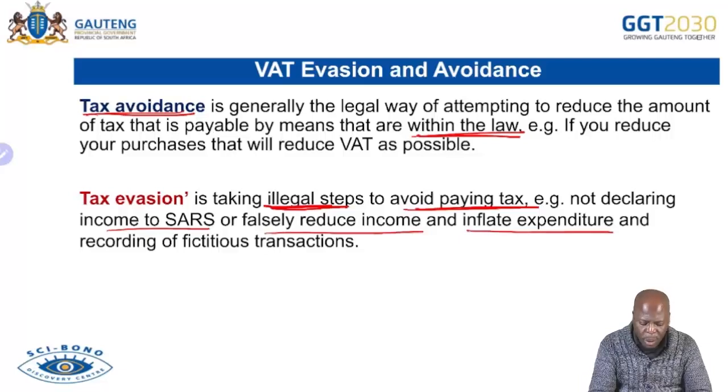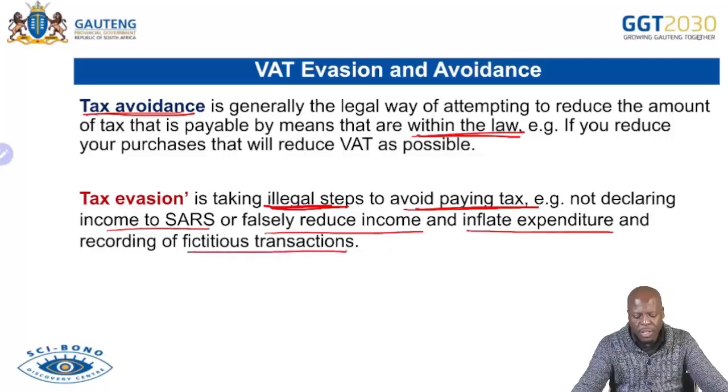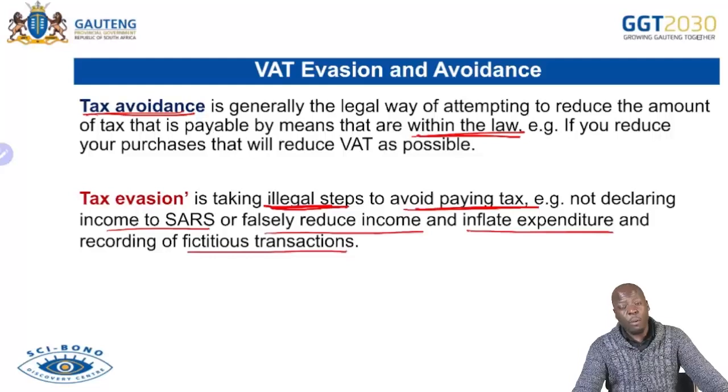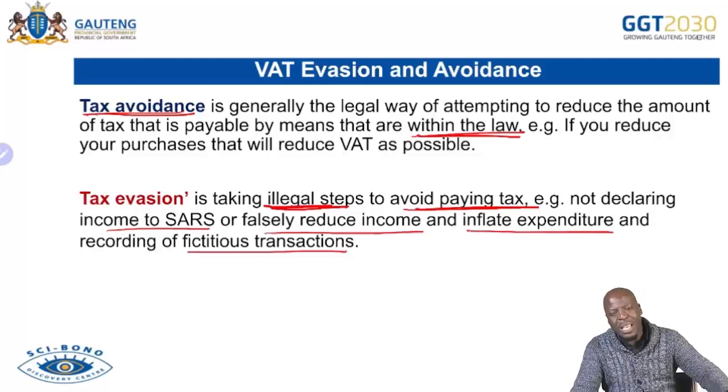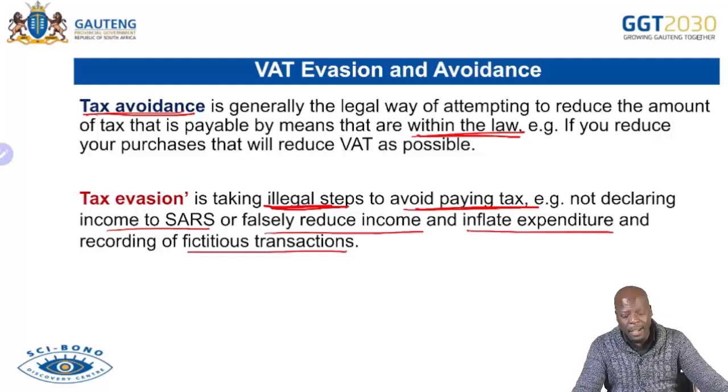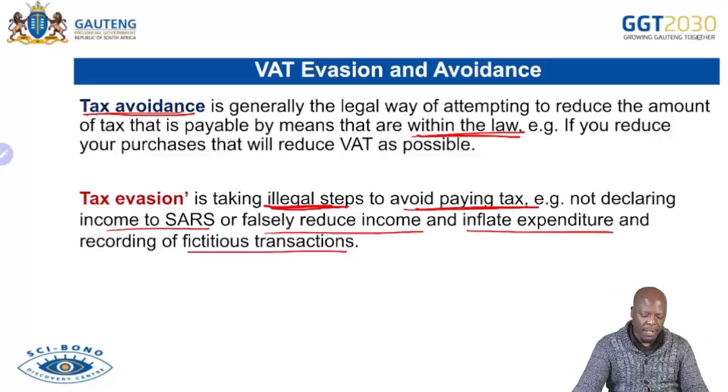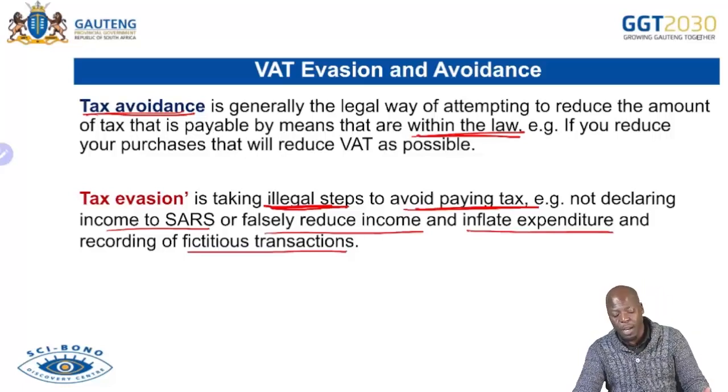Now, if you inflate your expenses, it will lead to having fictitious transactions. So we've spoken about evasion, which is the illegal steps to avoid paying tax. And some of the people do it by forcibly reducing the income, or they inflate their expenditures. And then they can also create fictitious transactions. That is the main difference between tax avoidance and tax evasion.